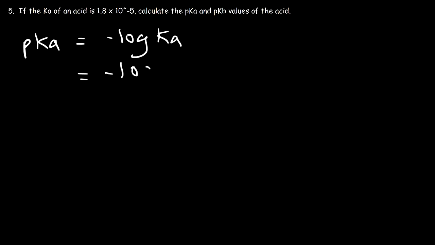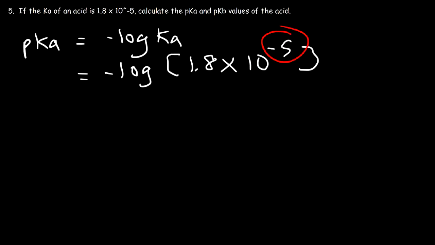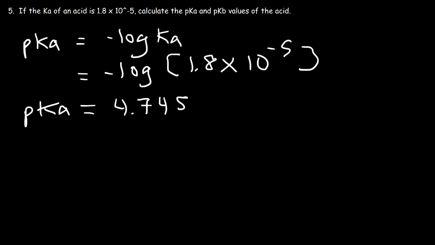So this is going to be negative log of 1.8 times 10 to the minus 5. Looking at this number, we know that the pKa has to be somewhere between 4 and 5. And so it turns out that the pKa for this acid is 4.745. And so that's the first answer for this problem.